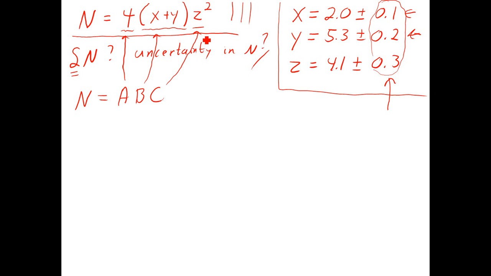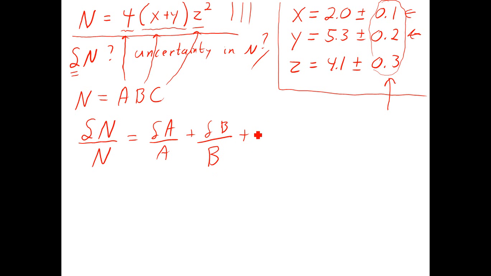Now, if you check with the lab for this week, or maybe depending on when you're listening to this, maybe it was last week, the rule for multiplication is that the uncertainty in n, and this right here is called an absolute error, divided by n is equal to the uncertainty in a divided by a plus the uncertainty in b divided by b, plus the uncertainty in c divided by c.